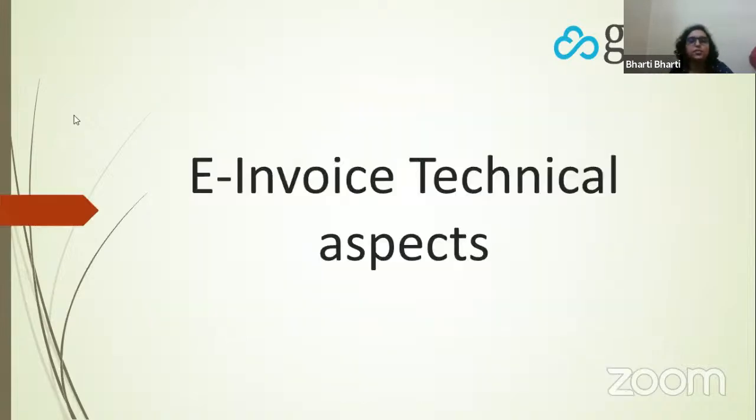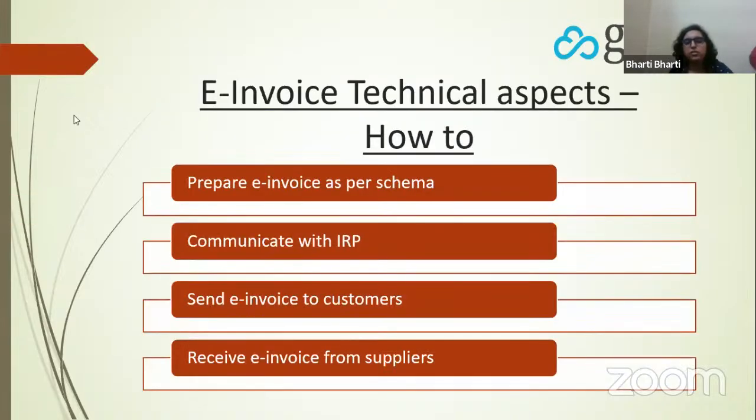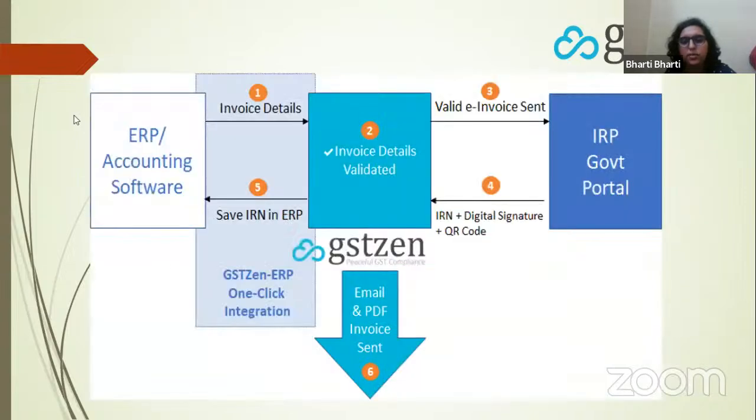So now let's look at some of the technical aspects. Preparing an e-invoice, communicating with IRP, sending the invoice to the customer or receiving it from the supplier. As we had discussed in the previous slides, this is how e-invoicing works through GSTZen.